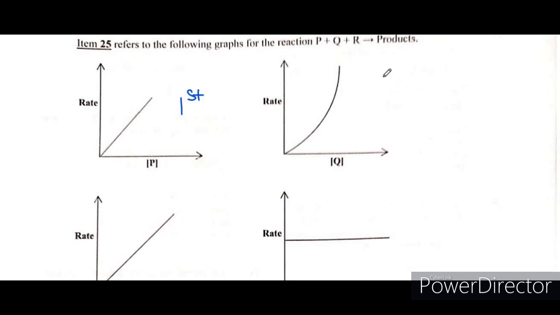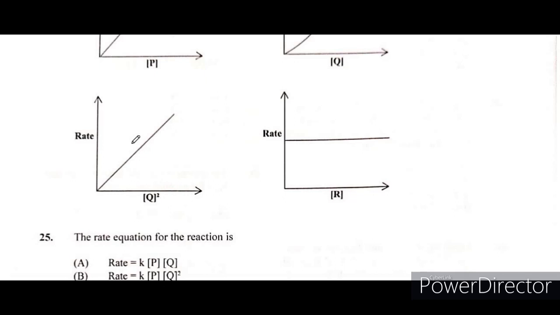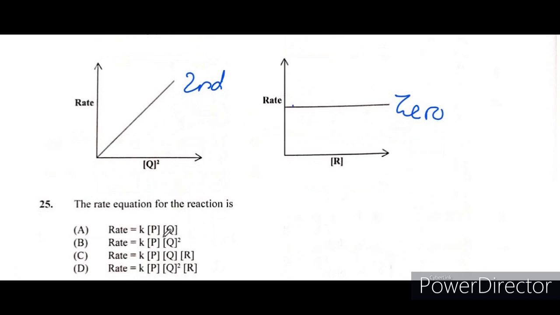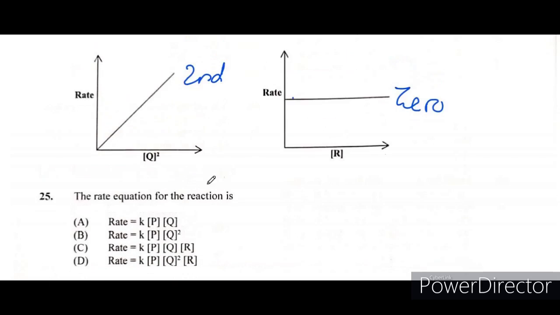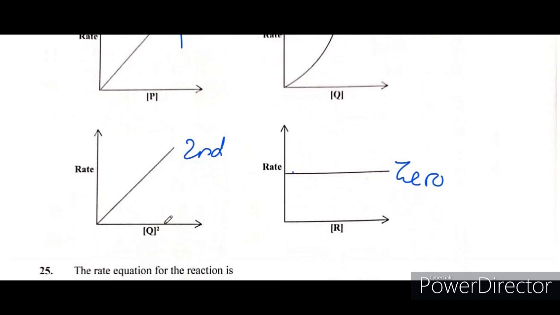Now the fact that rate versus Q squared gives us a line which is directly proportional tells us that this is second order. And seeing that the rate doesn't change, it's 0 with respect to R. So the rate equation is rate equals k, P to the 1, which is P, and Q to the 2, or Q squared.